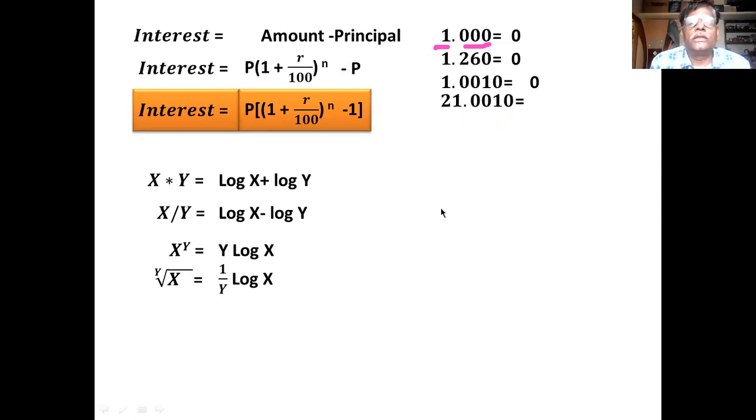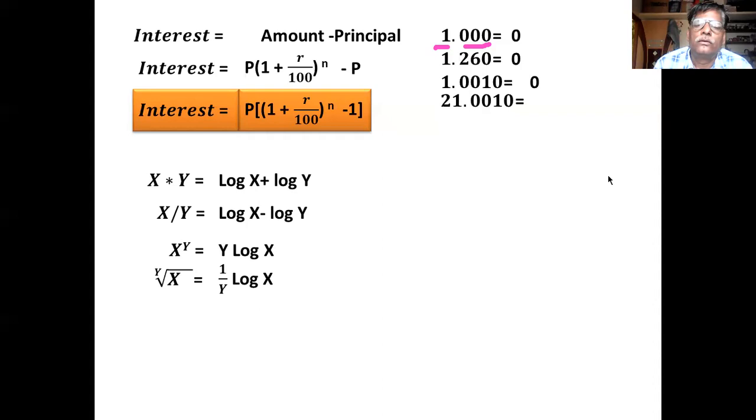Then in this number, how many digits are there before the decimal point? There are two digits. Then what is the characteristic? 1.